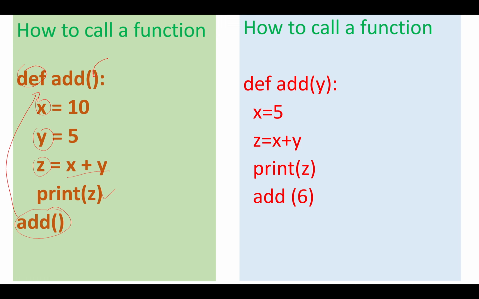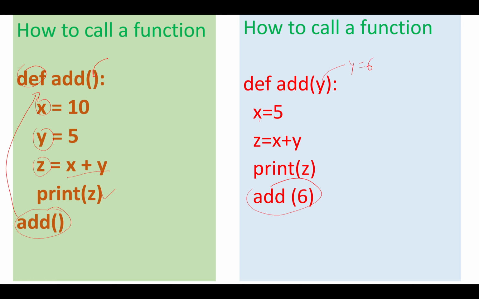Now on the right side, I will discuss how to call a function. Here the thing is to add a value of y to a local variable declared as x. Suppose this is the executing function and this is the argument, and y is assumed to be 6.